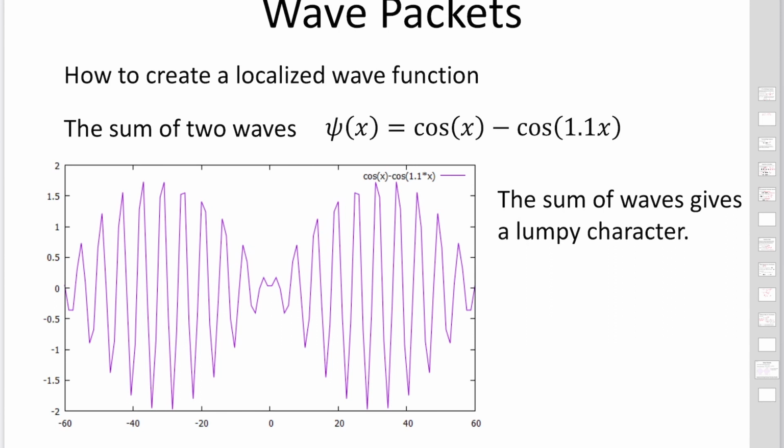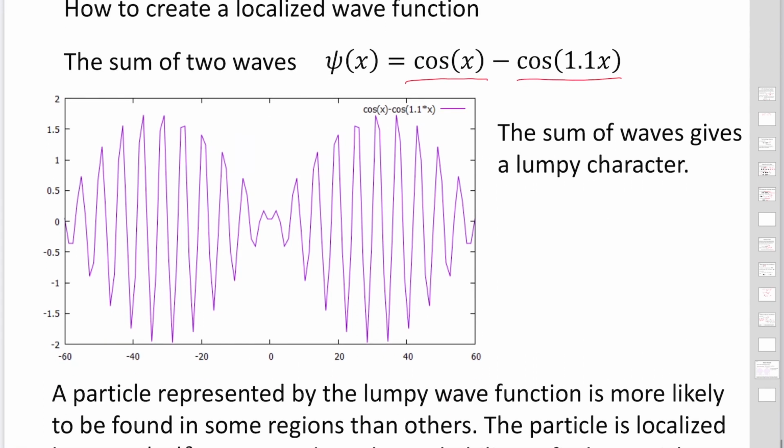If we consider two waves, cosine x and cosine 1.1x, and consider the sum of the two waves, then the result is this one.